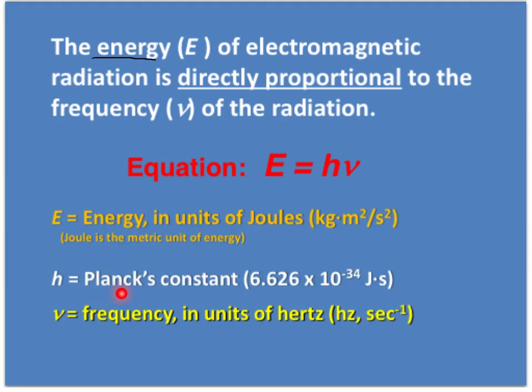It is equal to Planck's constant, which means the value does not change. It's going to remain the same every time: 6.626 times 10 to the negative 34 joule seconds. And nu, which we discussed already, is the frequency in hertz, or cycles per second.